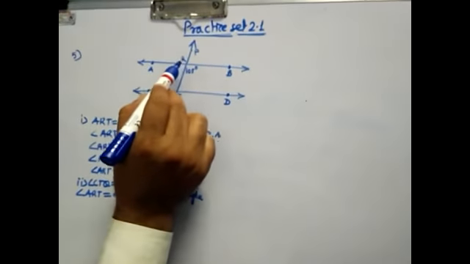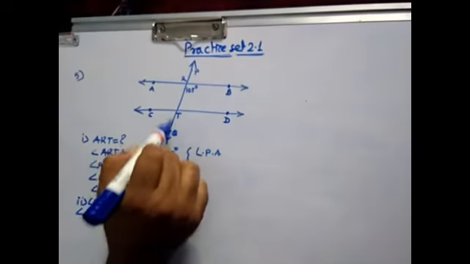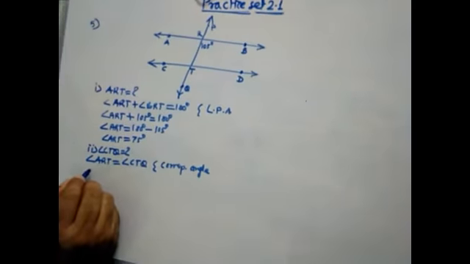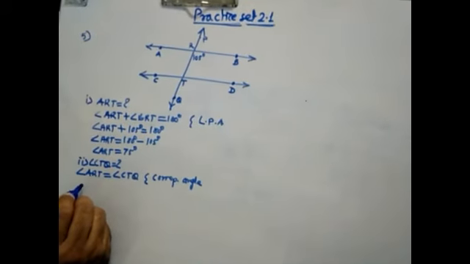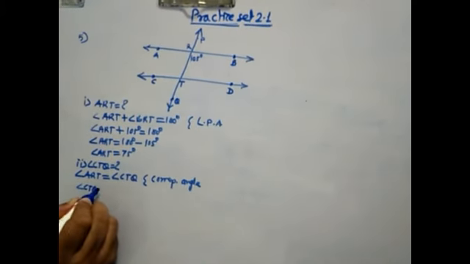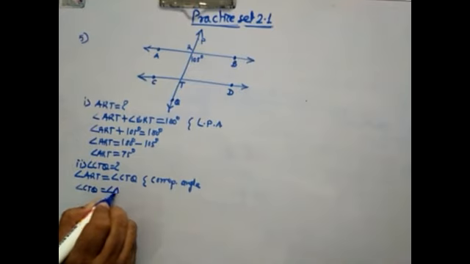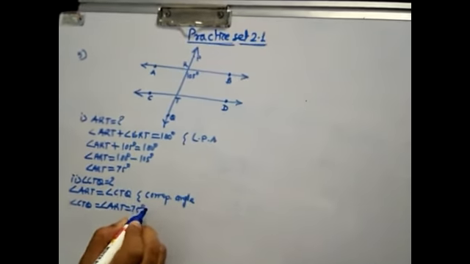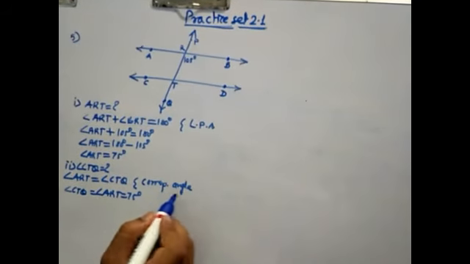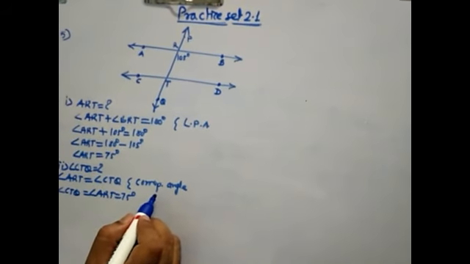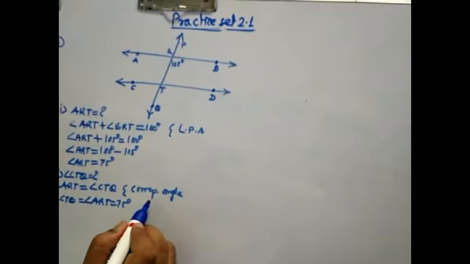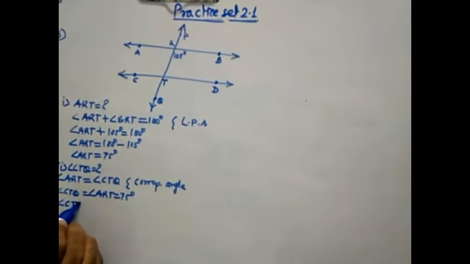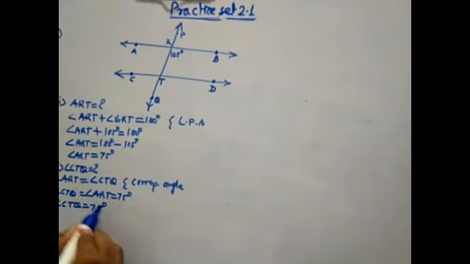See this ART and CTQ, these two angles are corresponding angles. So what is the value of CTQ? Angle CTQ is equal to angle ART is equal to 75 degrees. Why? Because of corresponding angles, as AB is parallel to CD and PQ is a transversal. Then angle CTQ is equal to 75 degrees.